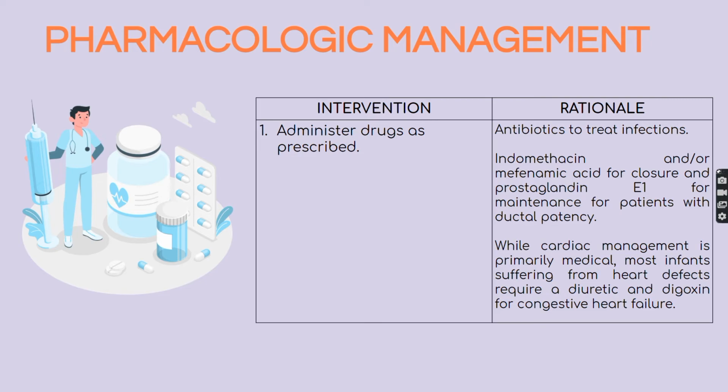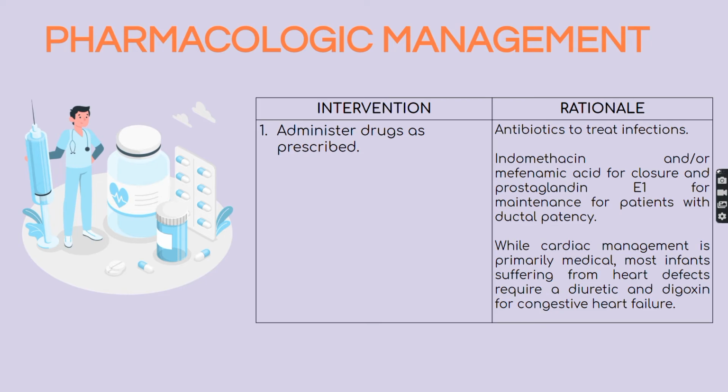However, there are drugs provided post-surgery to support the infant as well as antibiotics to treat infections. Drugs prescribed include indomethacin and or mefenamic acid for closure and prostaglandin E1 for maintenance of patients with ductal patency, which is a cardiac problem.